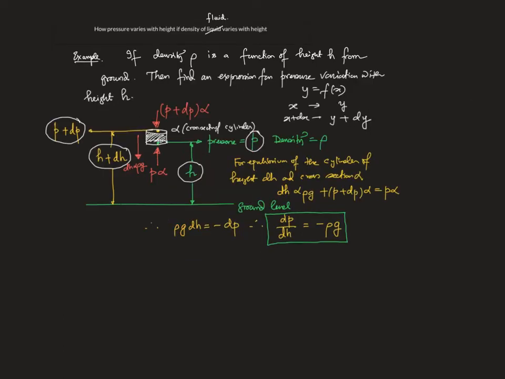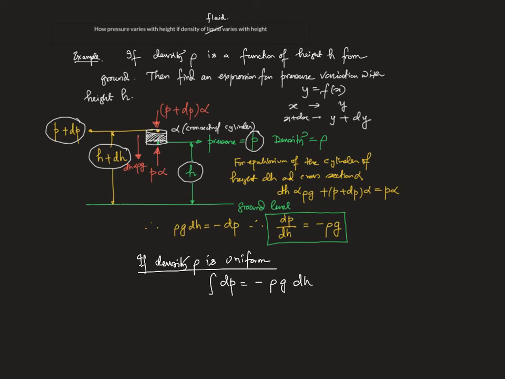Now we can extend the same concept if the density is constant. If density rho is uniform throughout the fluid, generally this happens for a liquid, then we can write dp is equal to minus rho g dh.